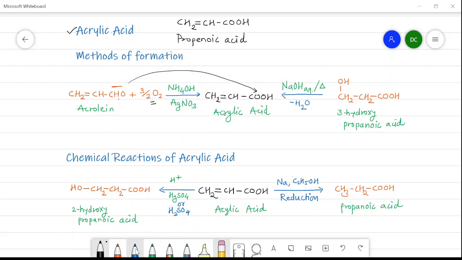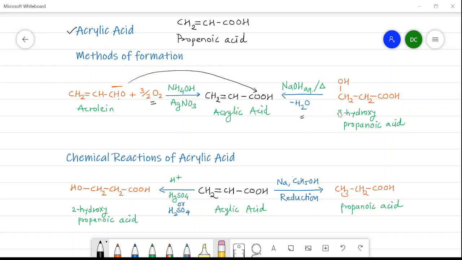Now see the second method. Here, 3-hydroxypropanoic acid will form acrylic acid. Now see the difference between acrylic acid and this hydroxypropanoic acid. The difference is of an OH group and one hydrogen. So we have to remove this OH and hydrogen as H2O.